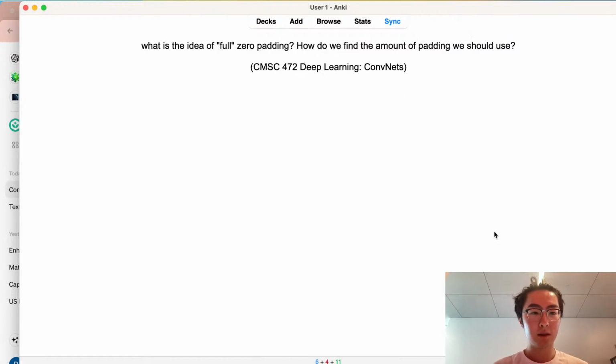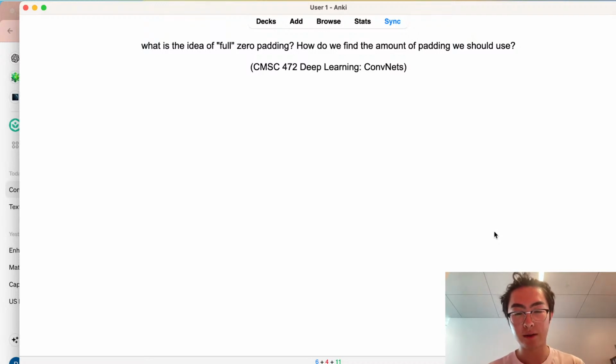Okay, that's good. Full zero padding, how do we find the amount of padding we should use? Full zero padding is the idea where you add enough padding so that every single point on your filter is going to touch every single point on the image. So how do you actually do that? You just have to add n minus 1 padding on each side, where n is the size of the filter itself.